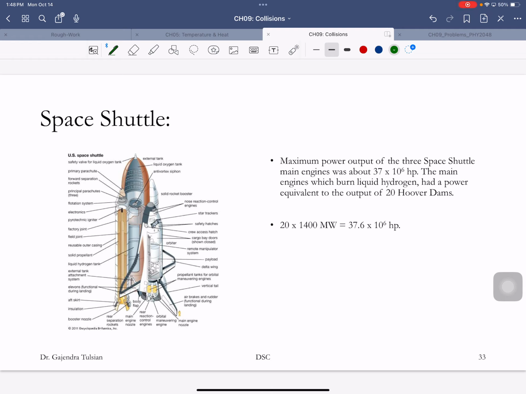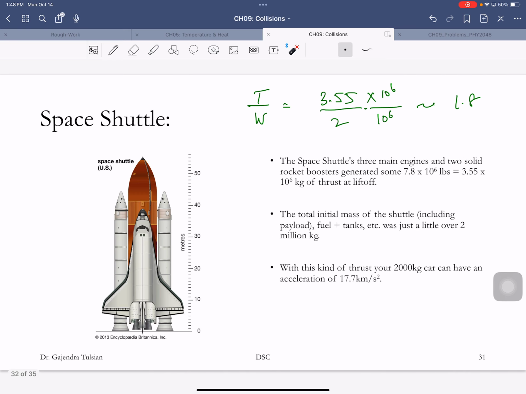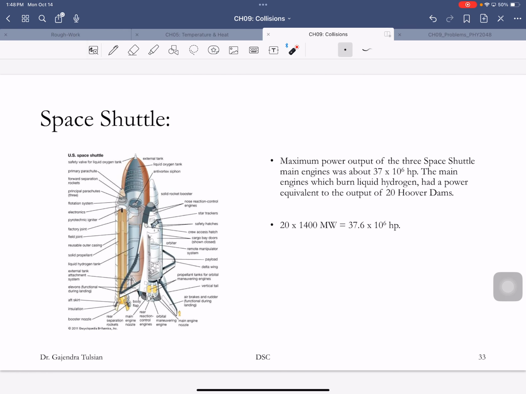Look at this, maximum power output of the shuttle's 3 space engines. By the way, there's the orange tank, and the fuel was liquid hydrogen. Where does it say liquid hydrogen?